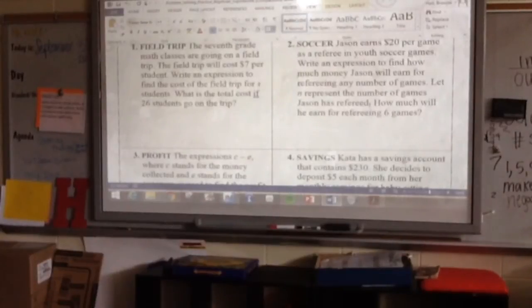So go to Classroom at the top. Scroll down until you see the big title that says Algebraic Expressions, and it's called Problem Solving Algebraic Expressions. Classwork. Right there.